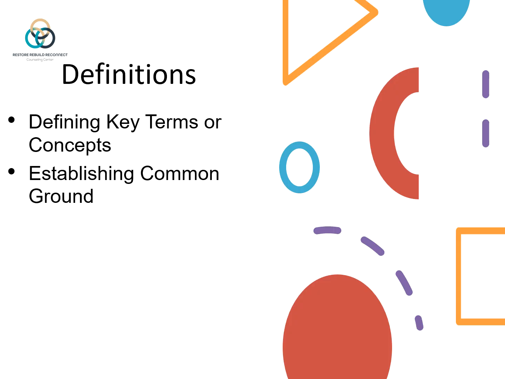So let's define some key concepts that we'll be talking about. One is criminogenic needs or criminogenic risk factors. These are risk factors for crime and recidivism. These are things that have been correlated or associated with someone getting involved with crime.